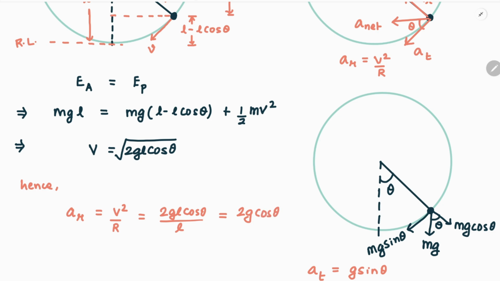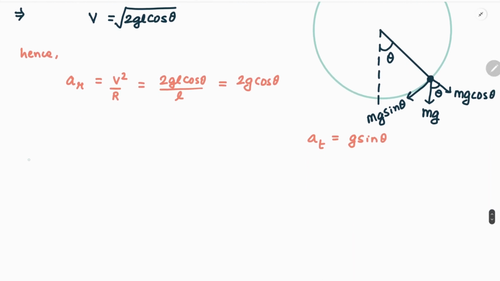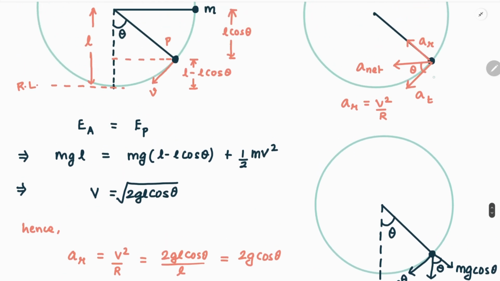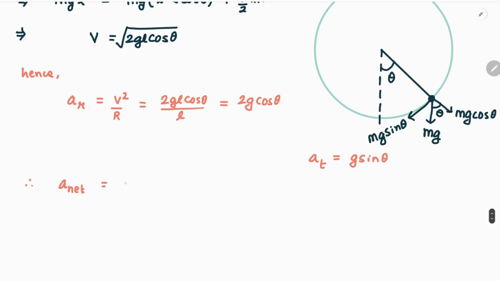So we have a radial component of acceleration and a tangential component of acceleration, and therefore the net acceleration is going to be the vector sum of at and ar, which we have discussed here. And at and ar are perpendicular to each other. So since they are perpendicular, the vector sum can be calculated as the square root of at square plus ar square, and on solving we get the magnitude of acceleration as g times the square root of 1 plus 3 cos square theta.